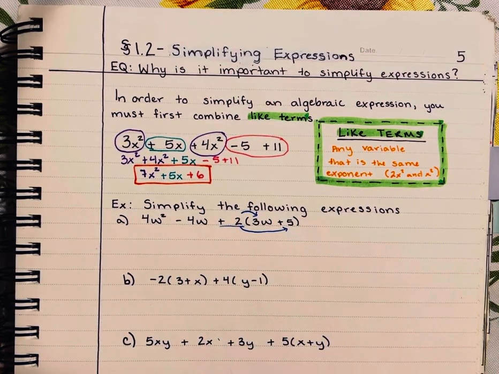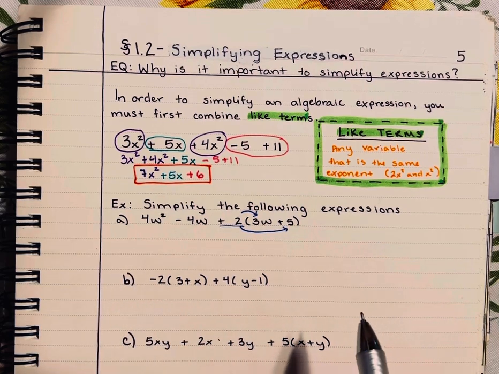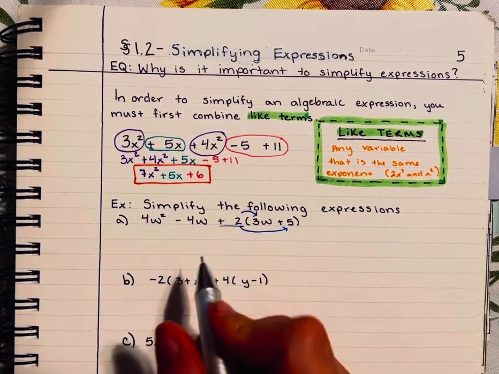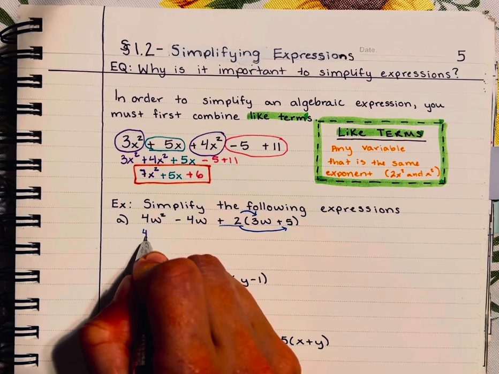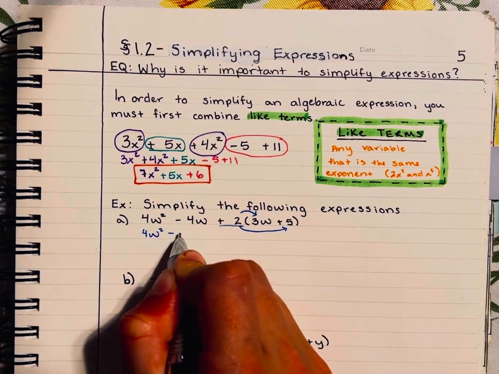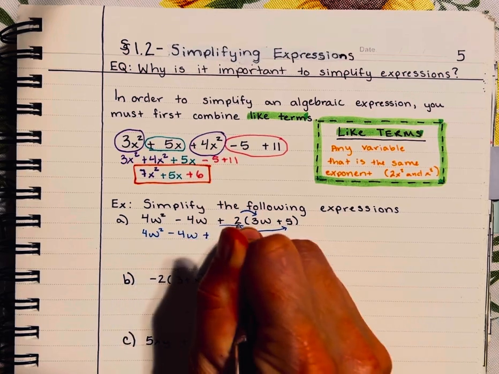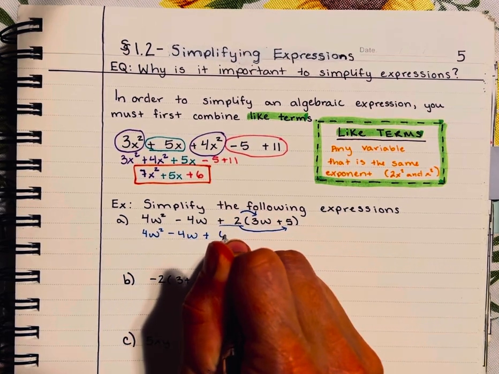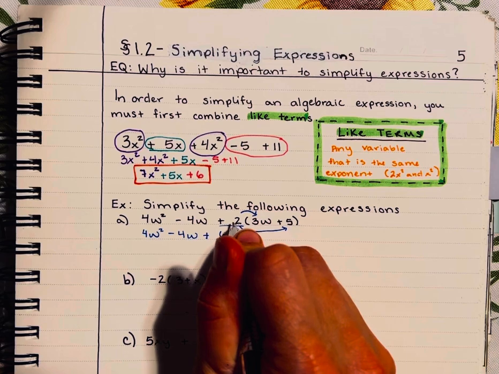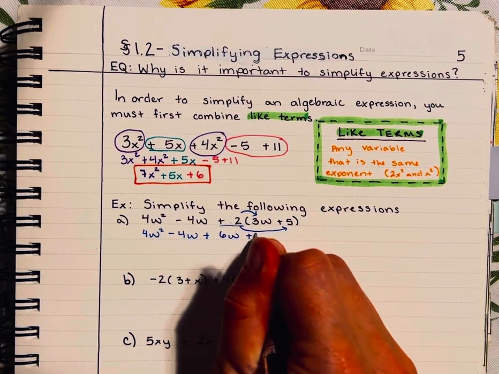So first thing that I'm going to do is actually write this expression with the 2 distributed. So I'm going to have 4w squared minus 4w, this part's not changing, plus 2 times 3w is 6w, and 2 times 5 is 10.